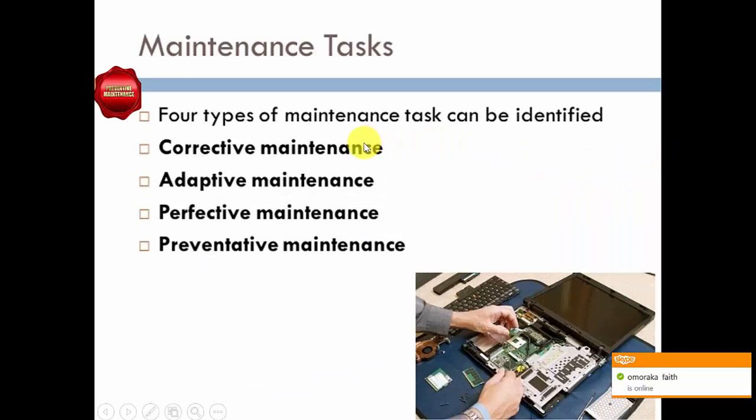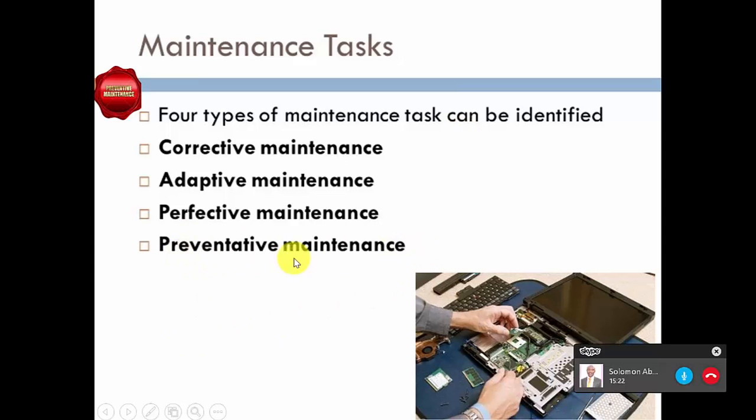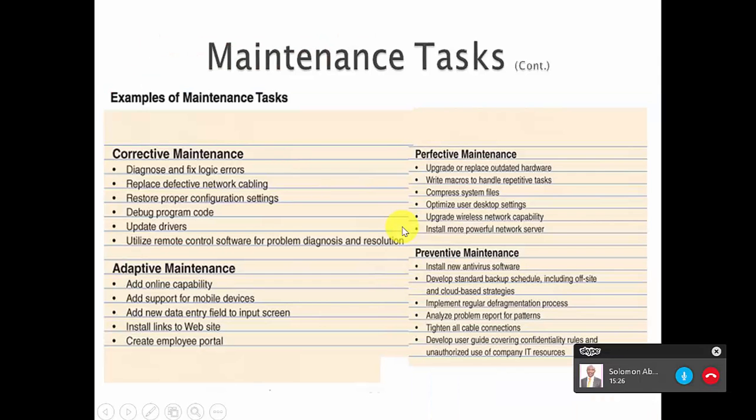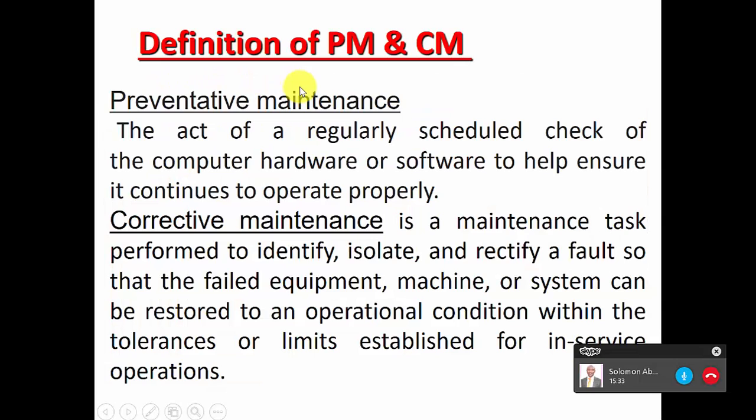We have 4 maintenance tasks, and we have the corrective maintenance, adaptive maintenance, perfective, and preventive. So I'm moving to the next slide, which is the definition of PM, and that is perfective maintenance, and the other one, which is corrective maintenance.